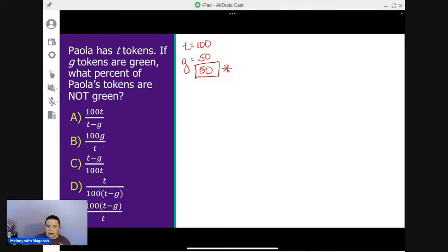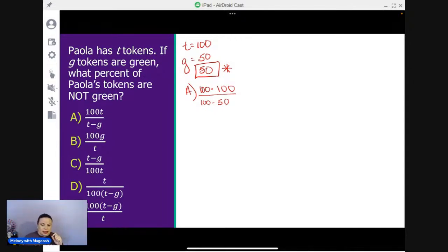So we have t equals 100, g equals 50. We wrote them down on our scratch paper because we don't want to forget. If we scramble the 2, we'll get wrong answers. Let's try out our answer choices. A, 100t is going to equal 100 times 100 over t minus g, 100 minus 50. Now, big numbers. If we start plugging into calculators, things could get complicated quickly.